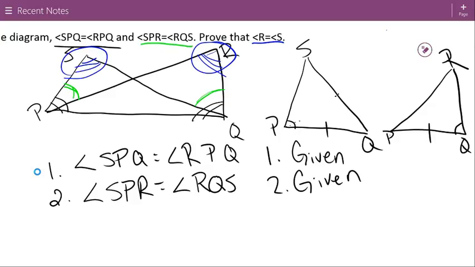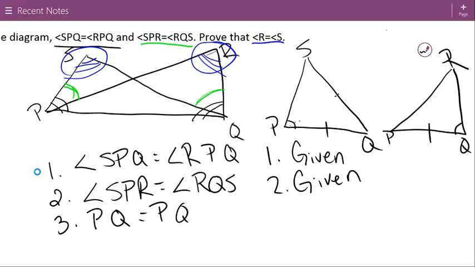Okay? And so then as I redrew this, the first thing I said was that the PQ in triangle S is the same PQ as in triangle R because in our original diagram, it was the same line. So 3, PQ equals PQ.